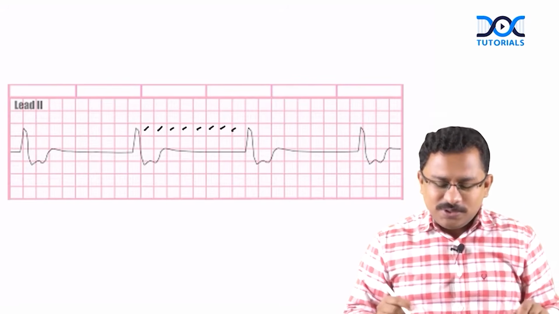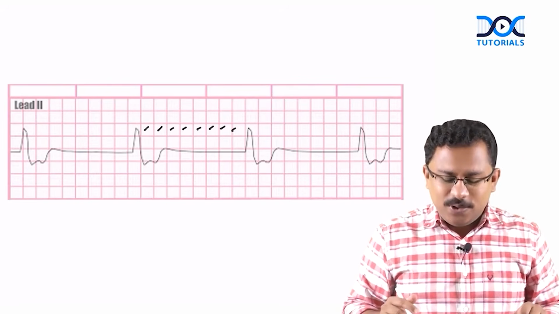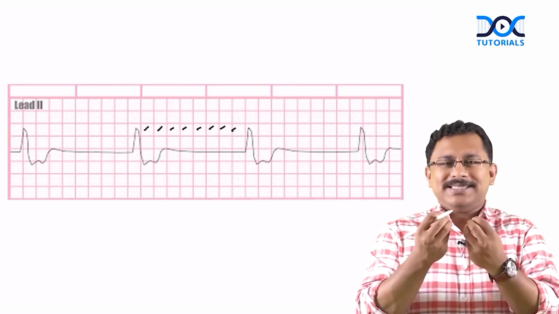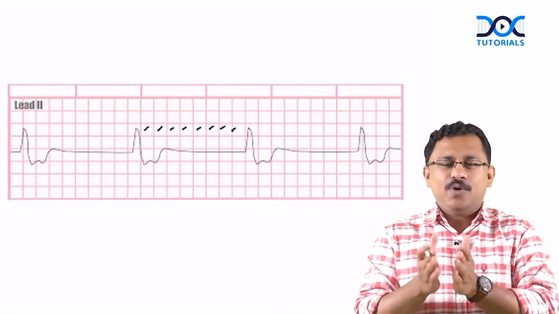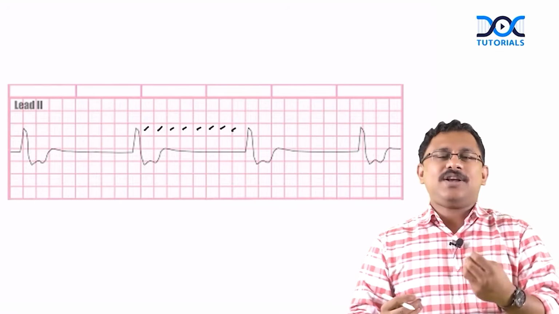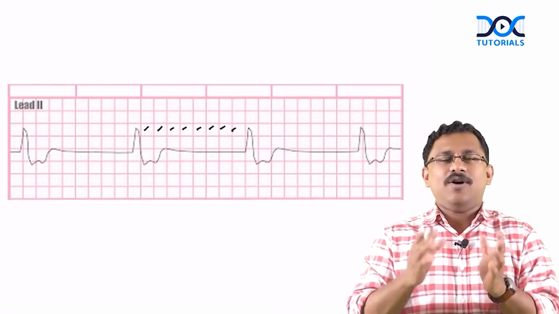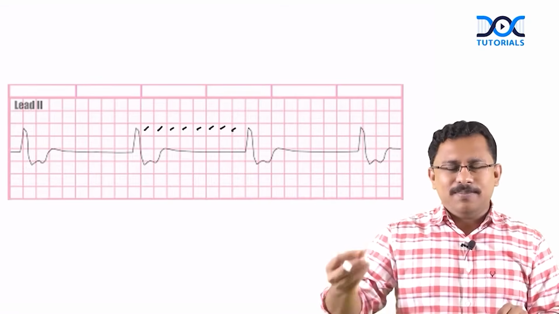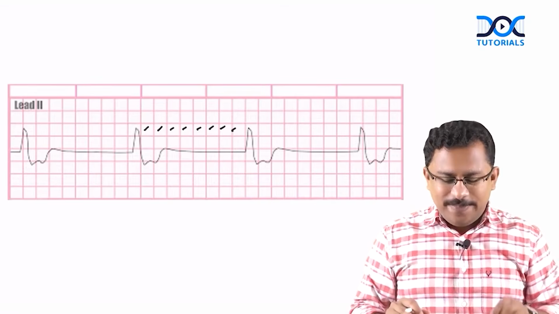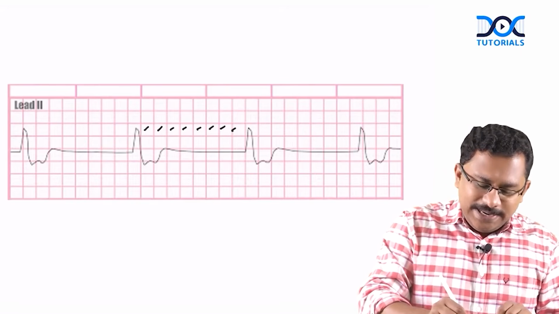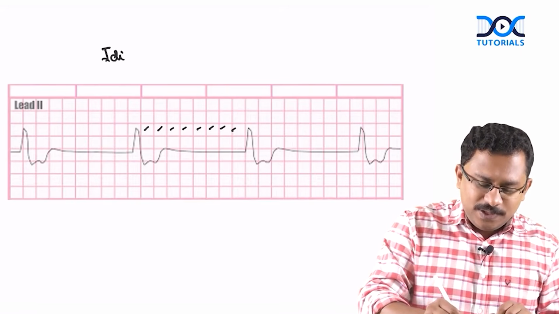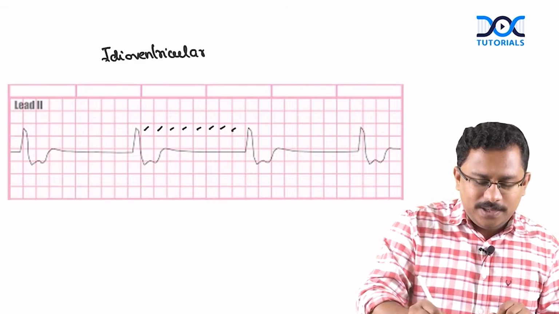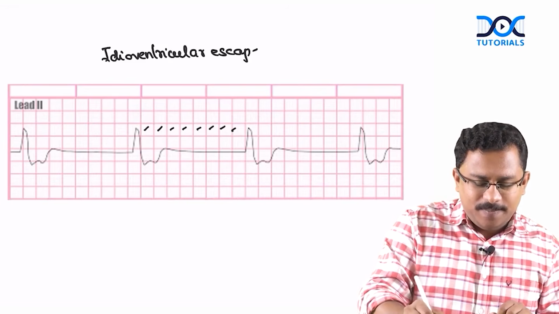So you can see almost 8 large squares between the two R waves. So the rate will be significantly low in idioventricular rhythm. Again, a feature of the inherent automaticity of the conducting system, the Purkinje fibers or the bundle branches. So that is called idioventricular escape rhythm.